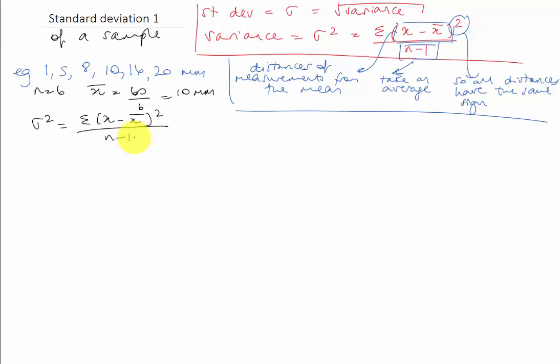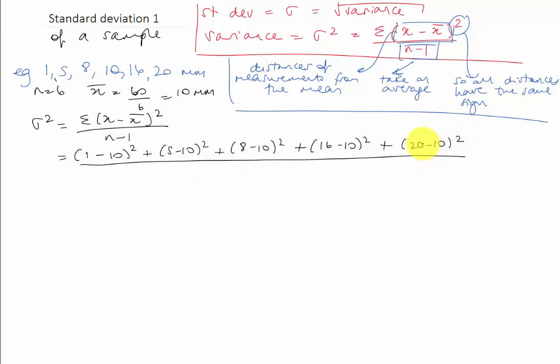So in this case, that means we're going to have to do a sum like this 6 different times. So we're going to take this first one, 1 minus the mean, which is 10, square it, then add it to, same thing for 5, so that's 5 minus 10 squared, plus 8 minus 10 squared, plus 16 minus 10 squared, plus 20 minus 10 squared.